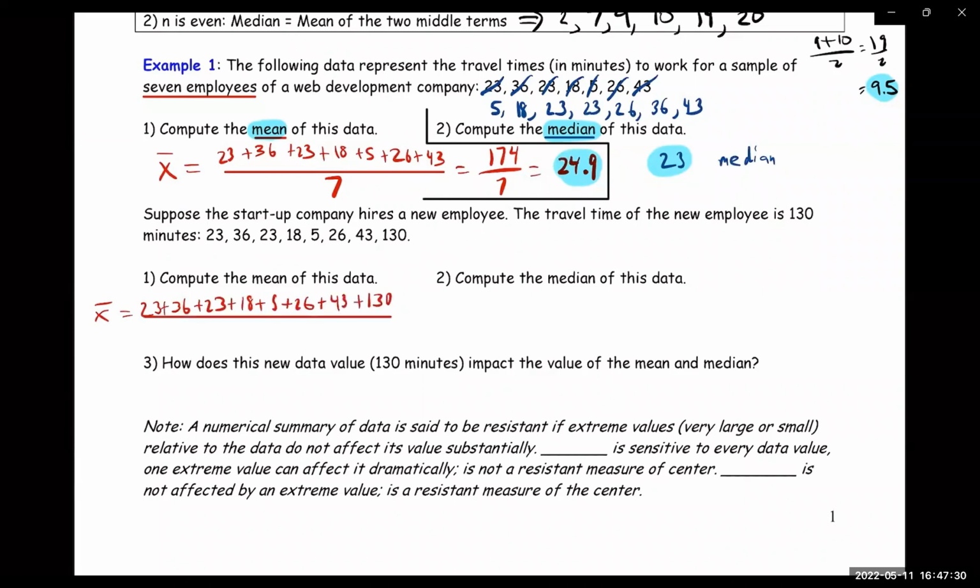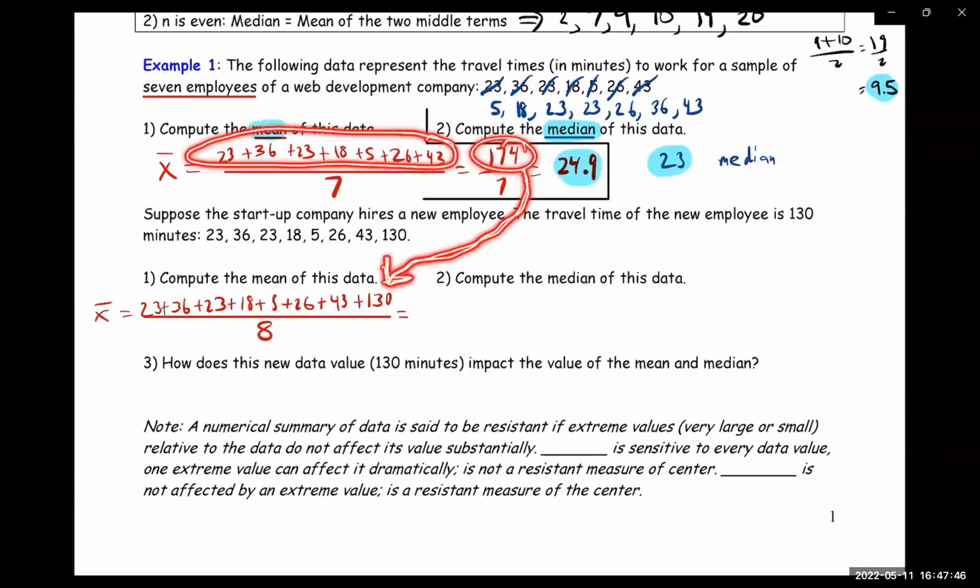This time, what are we going to divide by this time? 8. 8, yeah. So you can just take 174 and add 130 to it because we already know that the sum of these numbers is 174. So you don't have to add them again. All you have to do is add 174 plus 130.